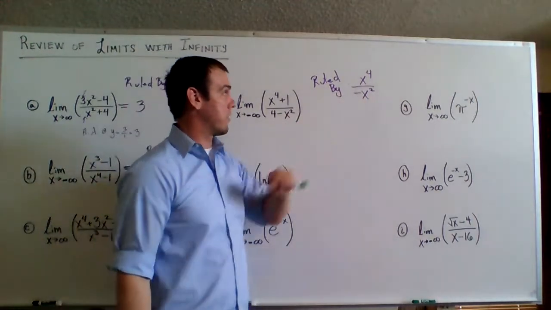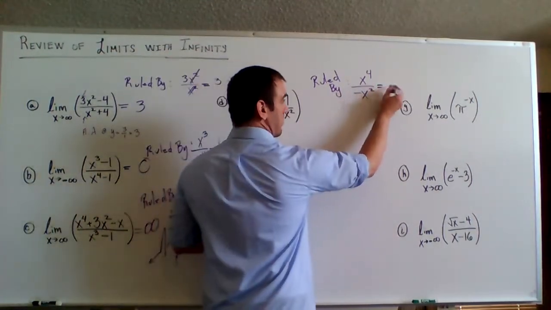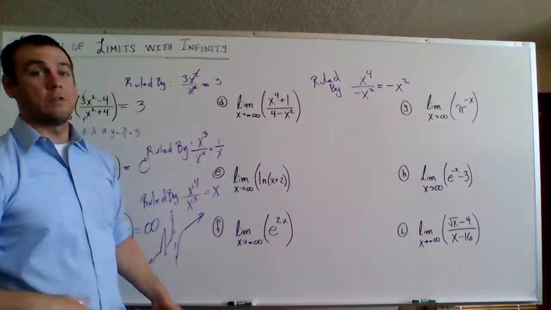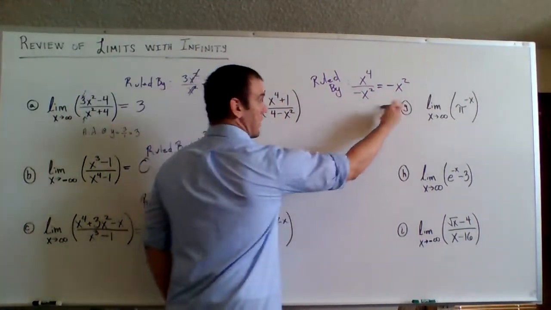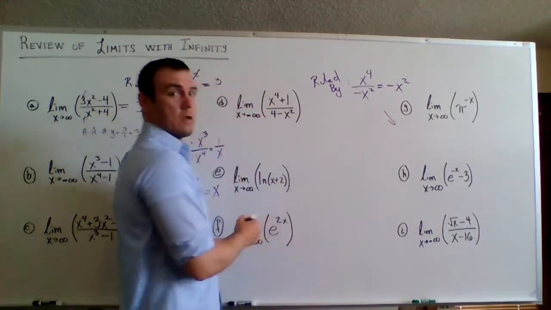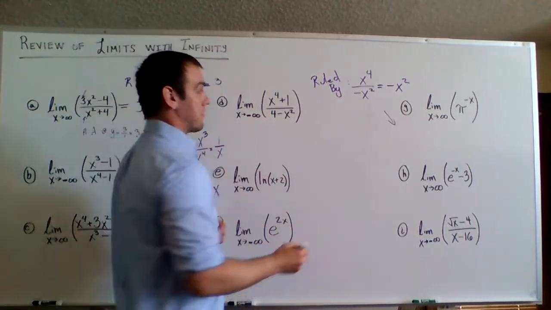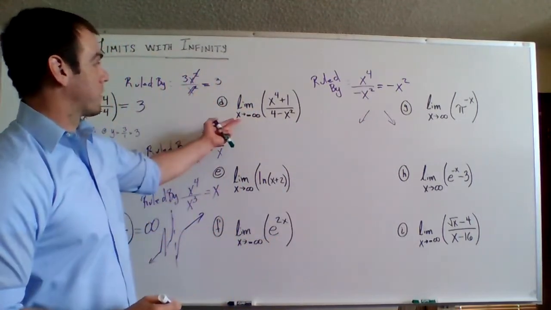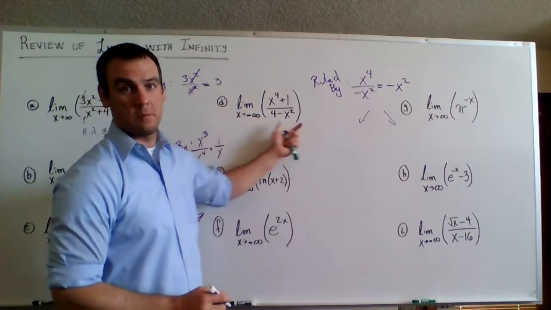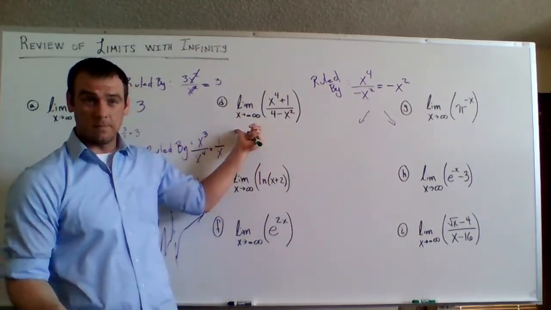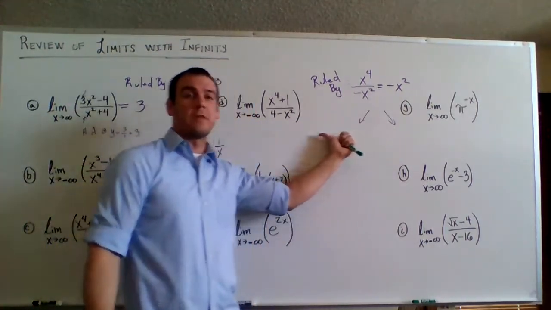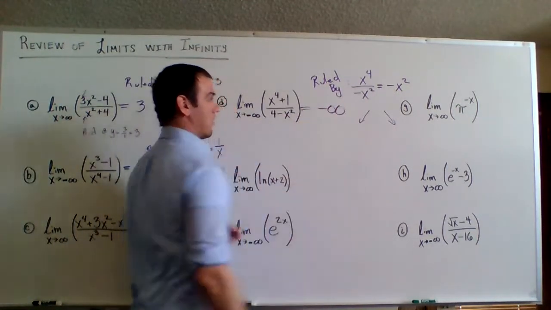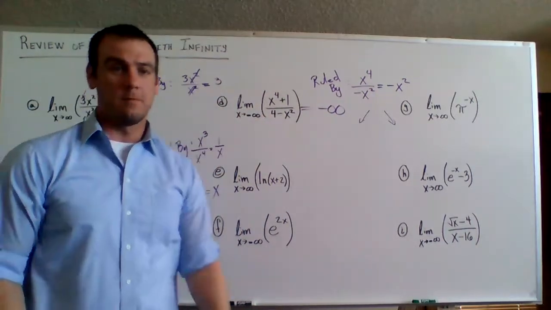Make sure you carry it with you, because now this is going to reduce to negative x squared. Our right end behavior is going to be going down, and our left end behavior is going to be the same as the right. On this problem, we care about our left end behavior because x is approaching negative infinity. As we go further and further to the left, y is getting lower and lower, so it's approaching negative infinity.